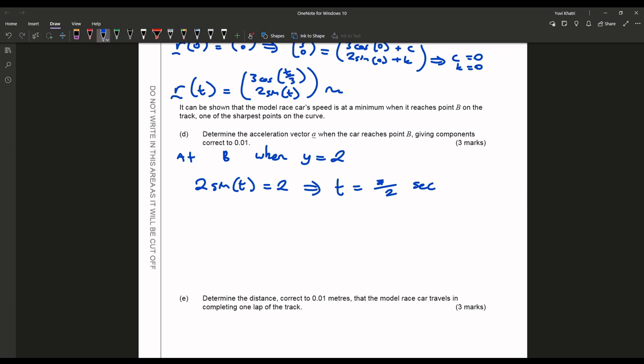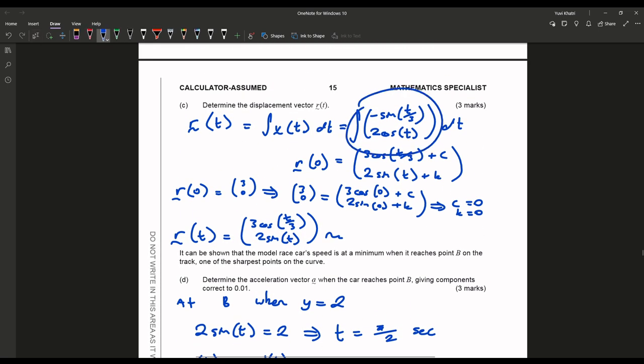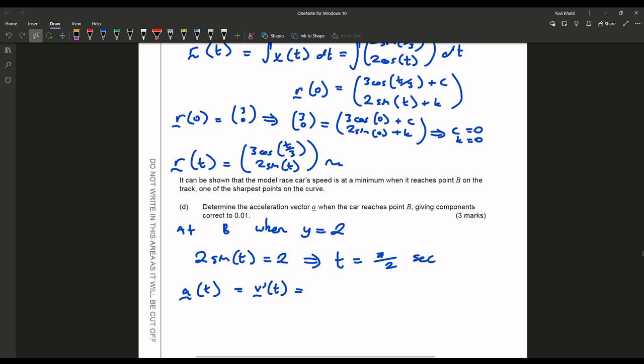Now we need to find the acceleration at this time. Our acceleration vector is just the derivative of the velocity vector, v prime of t, the derivative of each component. That gets us negative 1/3 cosine of t over 3 as our i hat component, and our j hat component would be negative 2 sine of t.